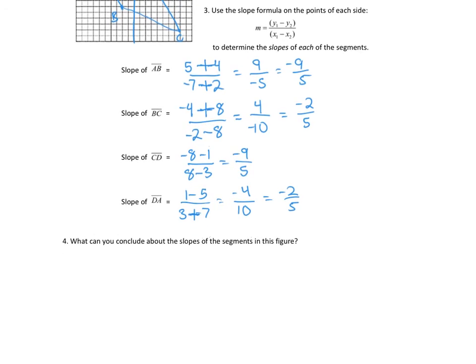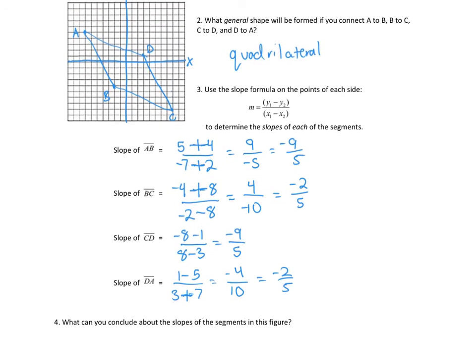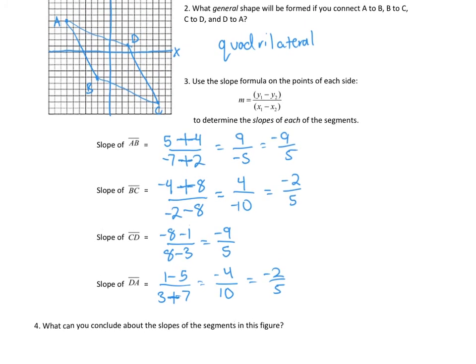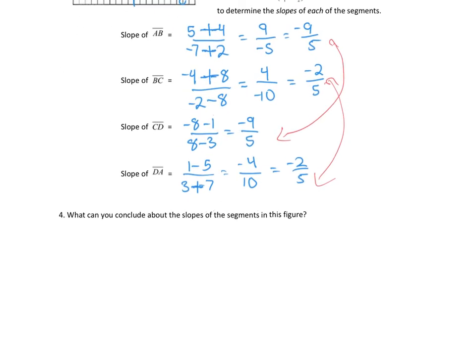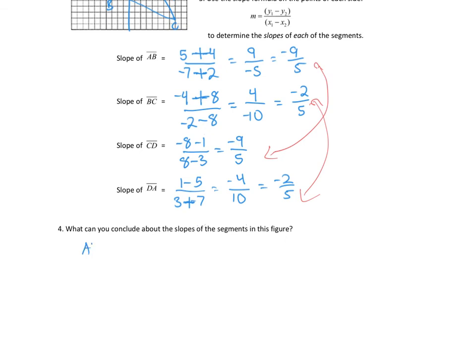And I notice some matching slopes here, right? I notice that these opposites, AB and CD, these slopes are the same, and these slopes are the same. So here, what can I determine? I know that AB has to be parallel to CD, and also BC is parallel to DA, and those are opposites.